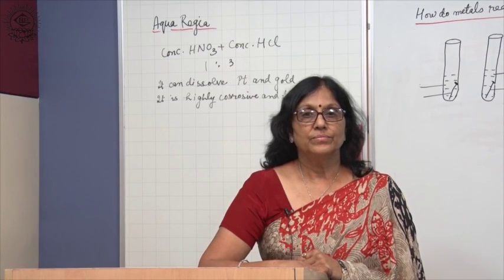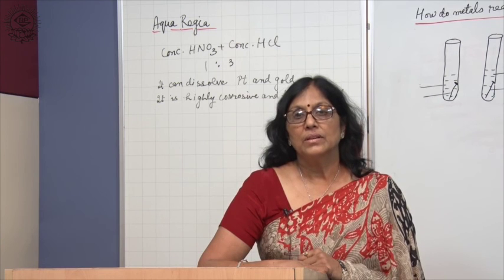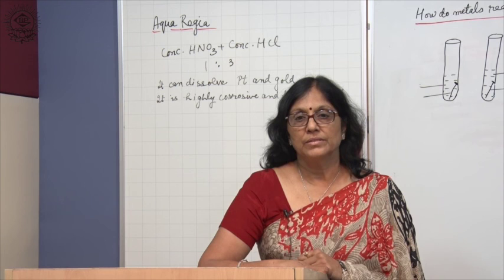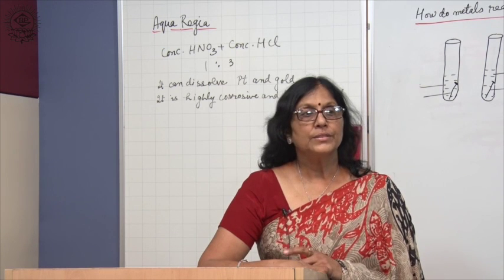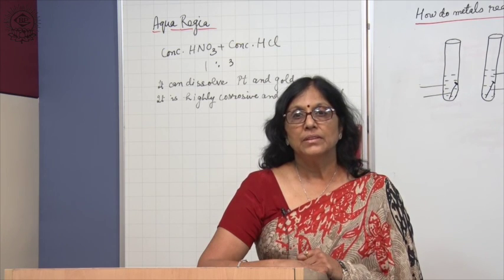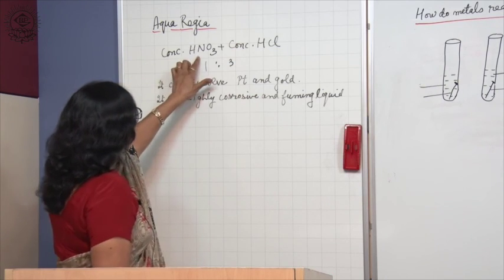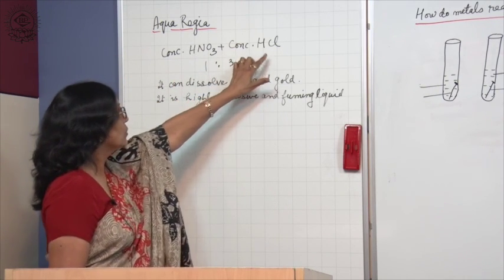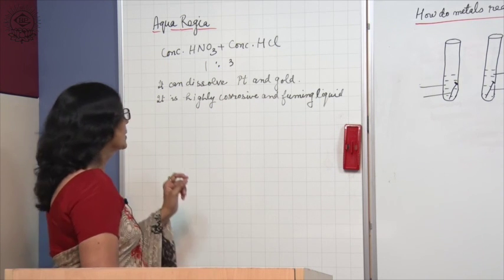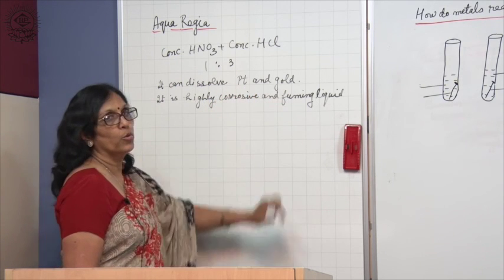Aqua regia. Aqua regia is a mixture of concentrated nitric acid and concentrated HCl, in the ratio of 1 part concentrated nitric acid to 3 parts concentrated hydrochloric acid. Aqua regia can dissolve metals like platinum and gold also.